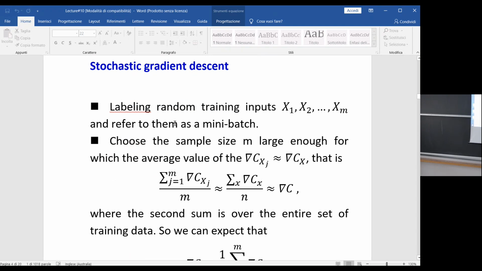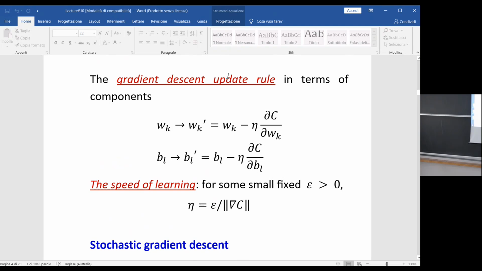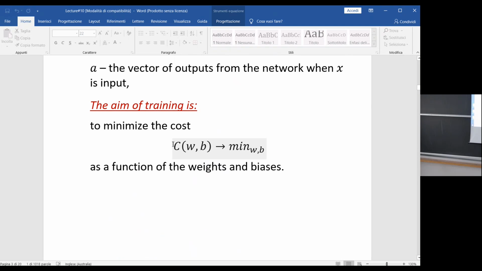So, stochastic gradient descent. Now our problem is to minimize our cost function.